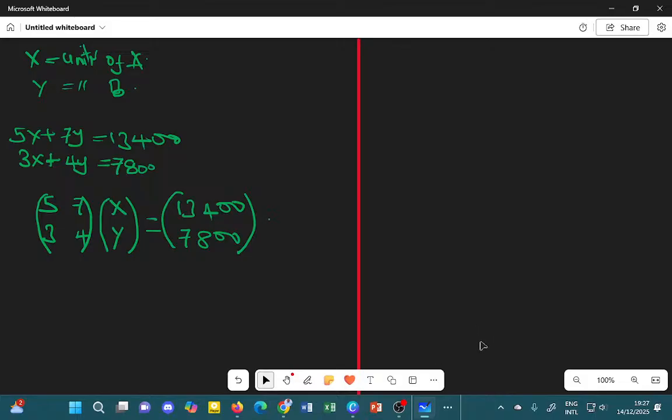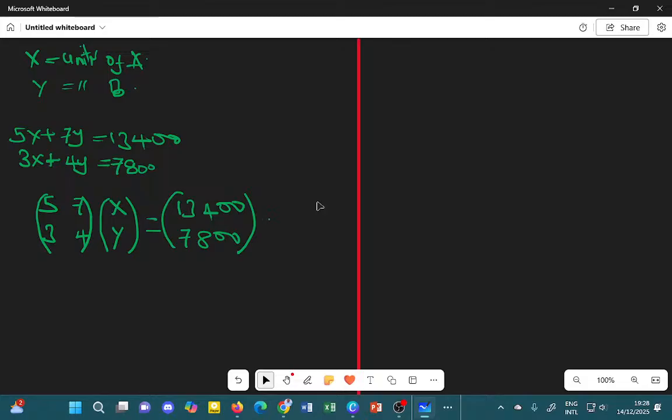Now the next thing is we need to work out two values, that is the value of x and the value of y. And for us to do that using matrix algebra, let me just use this part here. 5734 is a 2 by 2 matrix.